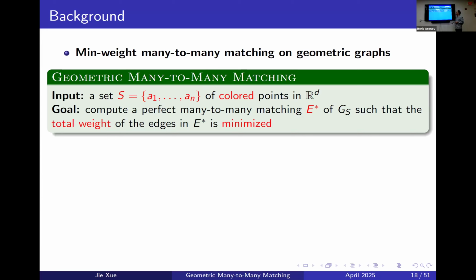And then I want you to compute the minimum weight perfect many-to-many matching of this graph. So for one example, if I give you such points, you find a many-to-many matching which minimizes the total length of the edges. Okay, so this is the problem.